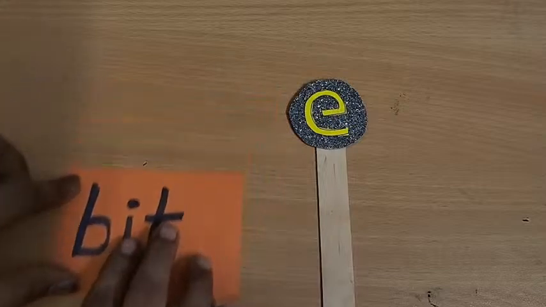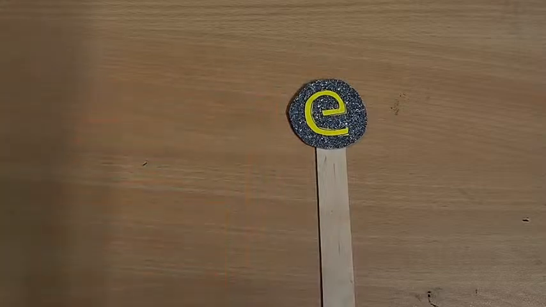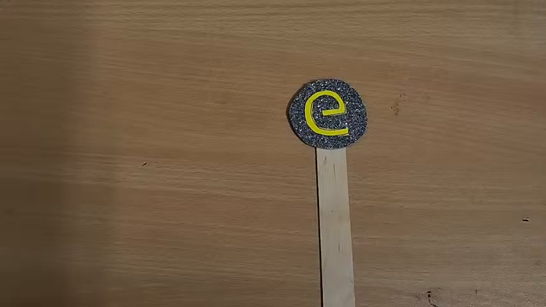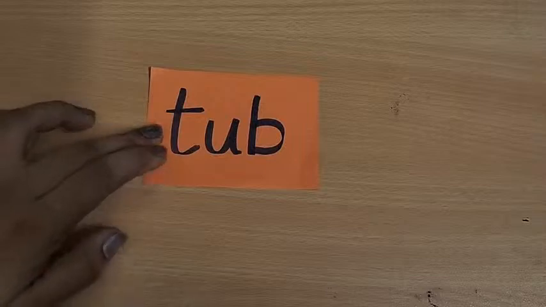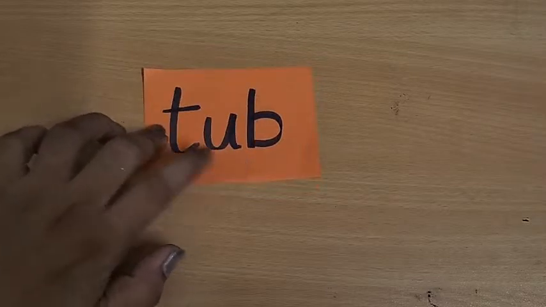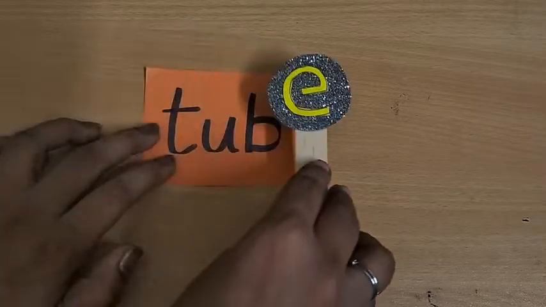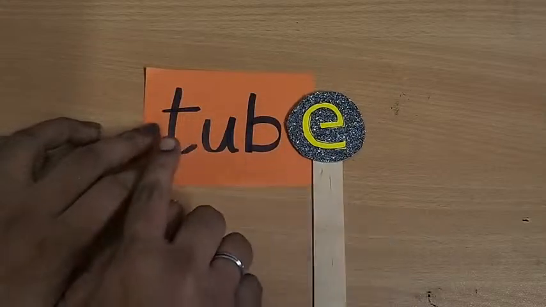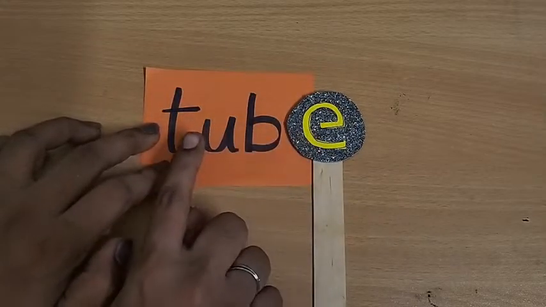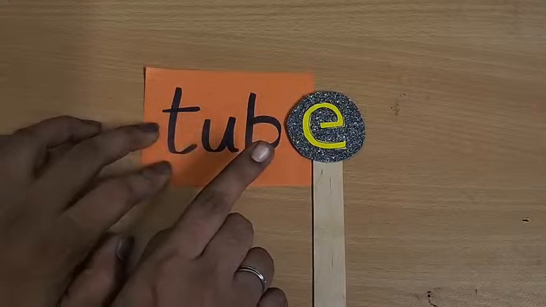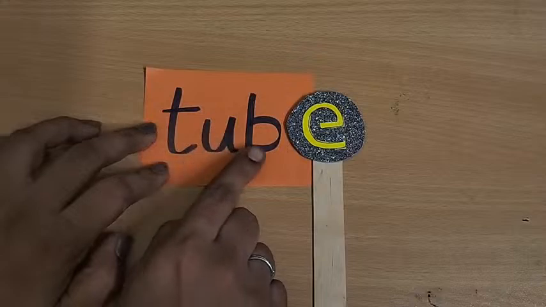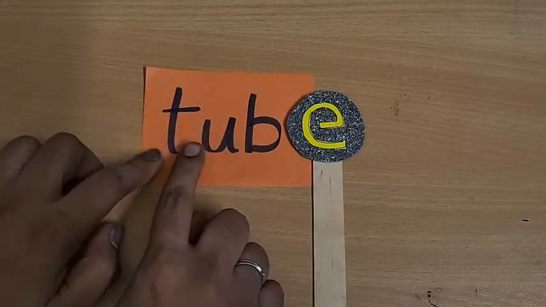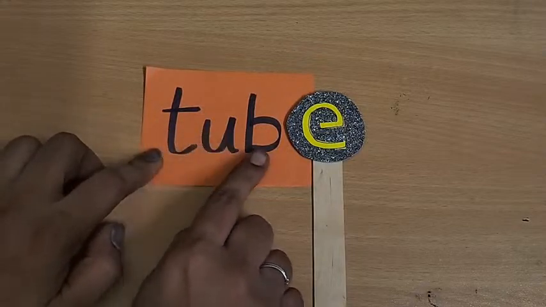We'll go with the next word. T, U, B, tub. If I add E at the end, the total word changes, the sound of the word changes, and the meaning also changes. If it is a three-letter word, we have to pronounce it as T, U, B, tub.